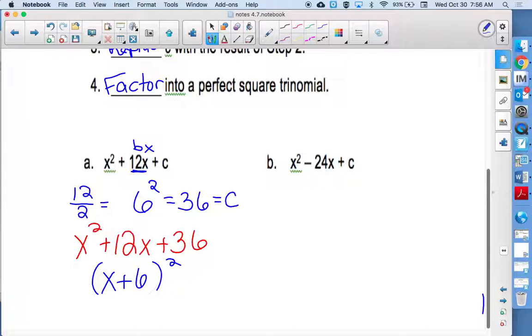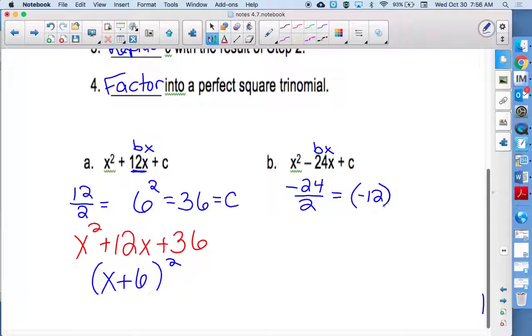So if you look at letter B, we have x squared minus 24x plus c. If I follow the same process, my goal is to find c. So to find it, I'm taking negative 24, because we're taking the b value. It's negative this time. That's okay. We're dividing that by 2. Negative 24 divided by 2 is negative 12.